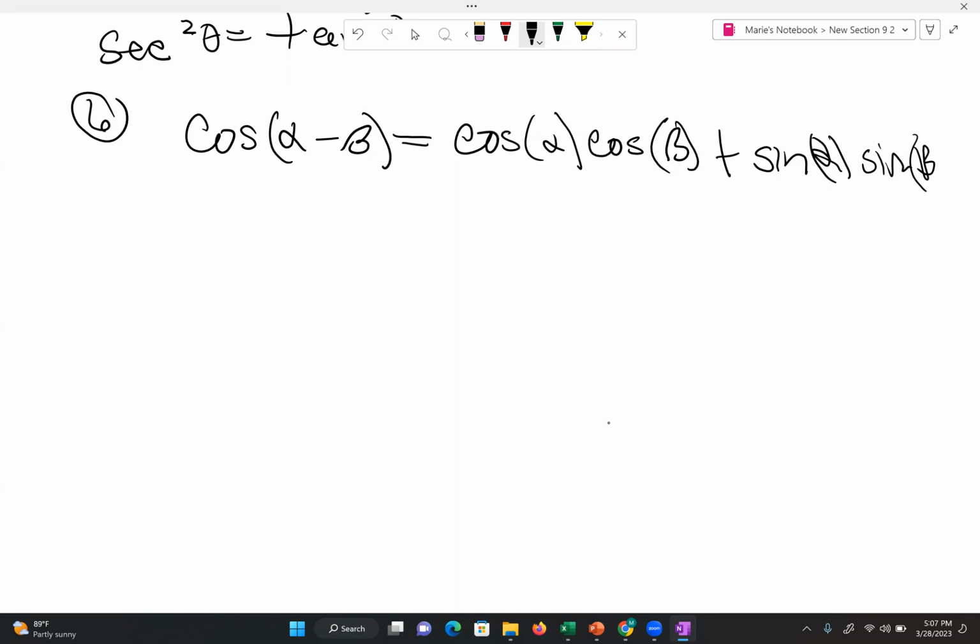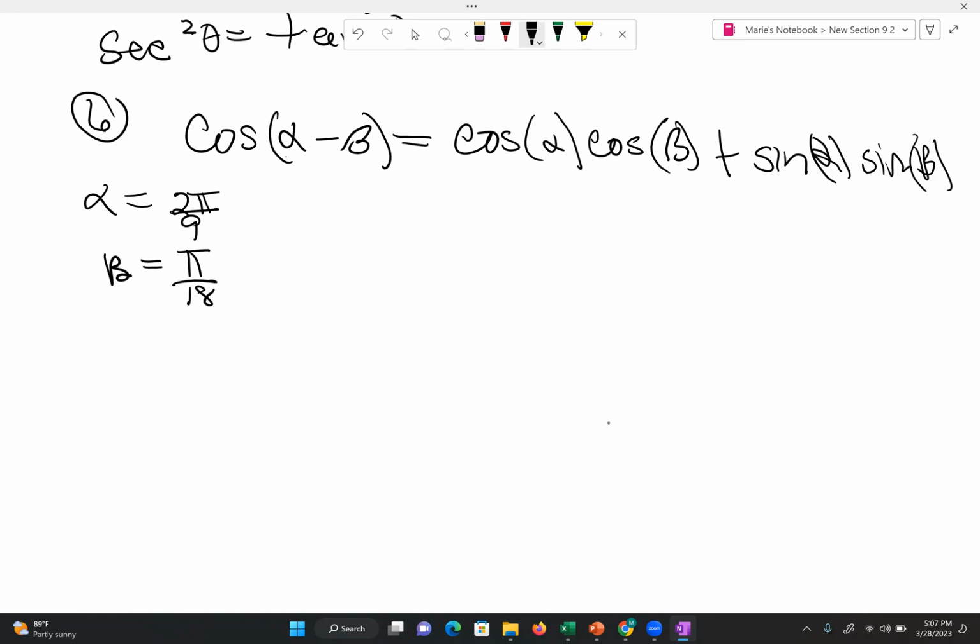It might be easier to recognize because the alpha is really weird. Anywho, they're giving you alpha as 2 pi over 9, and they're telling you beta is equivalent to pi over 18.